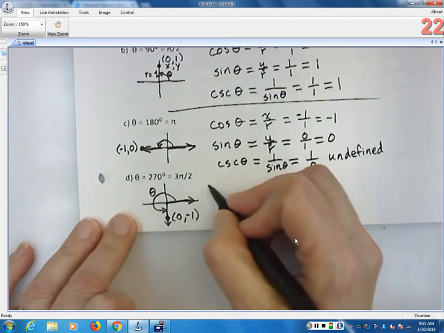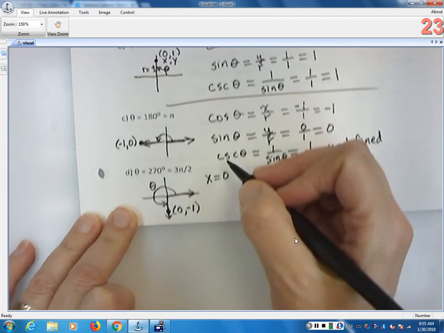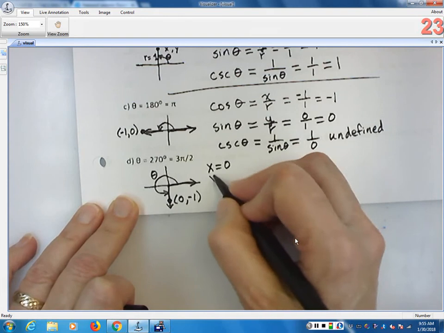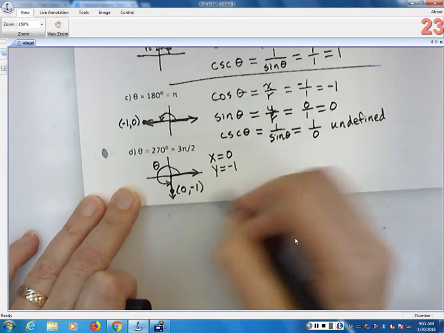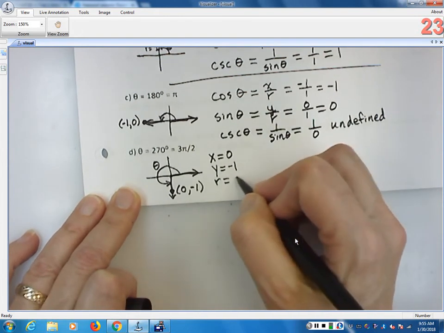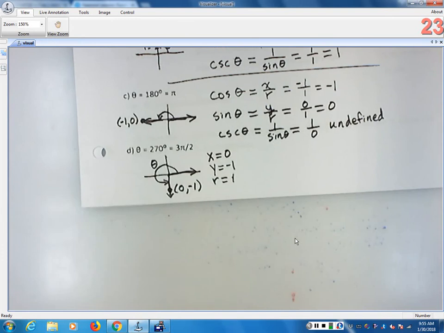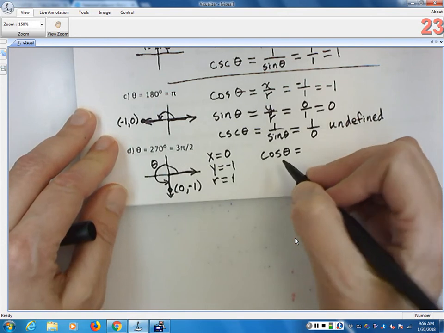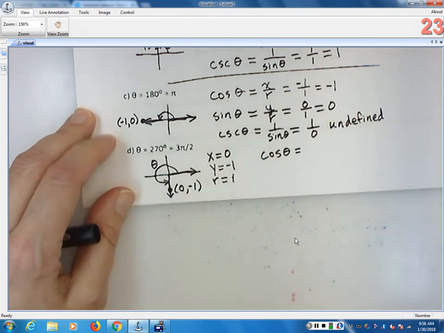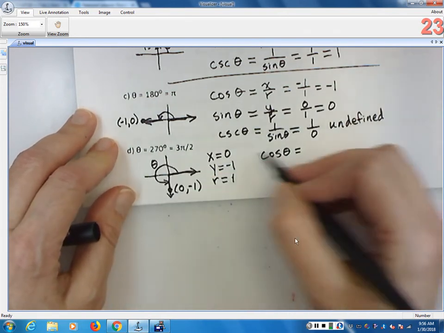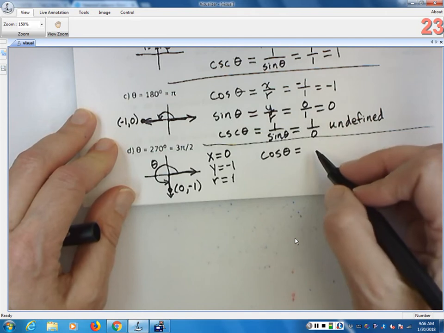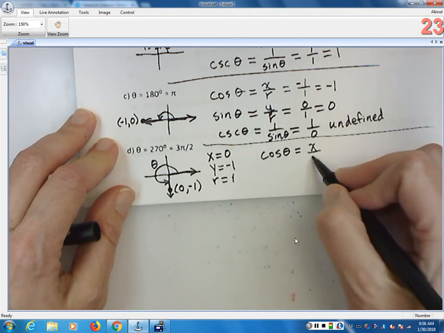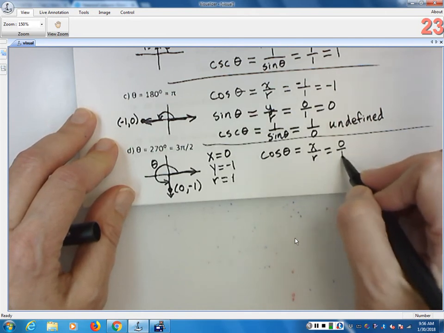So that means x is 0, y is -1, and r is 1, because we picked r to be 1. You can't really make triangles with these, so we're just going through them. Cosine is x over r, 0 over 1 is 0.